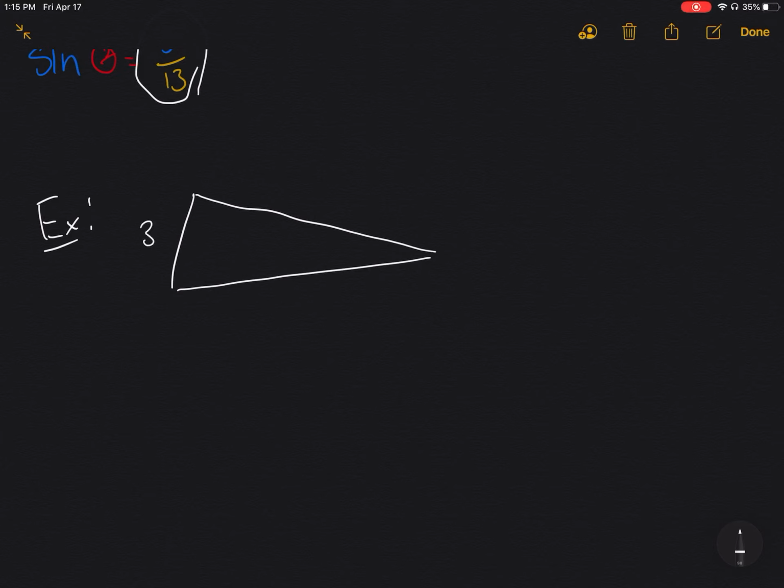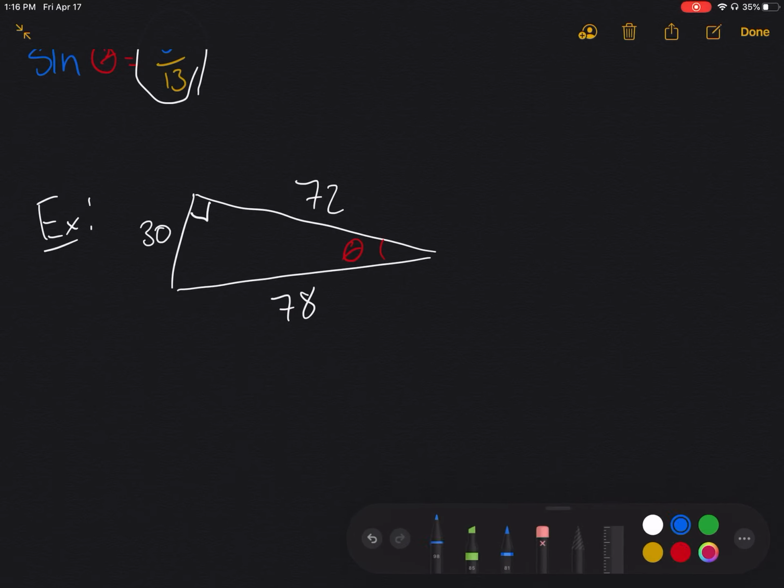We'll do 30, 72. Oh boy, I got myself into trouble here. 78. Beautiful. All right, so we've got a right angle, and let's look at this theta here. Right, so first step, I want to label my sides.